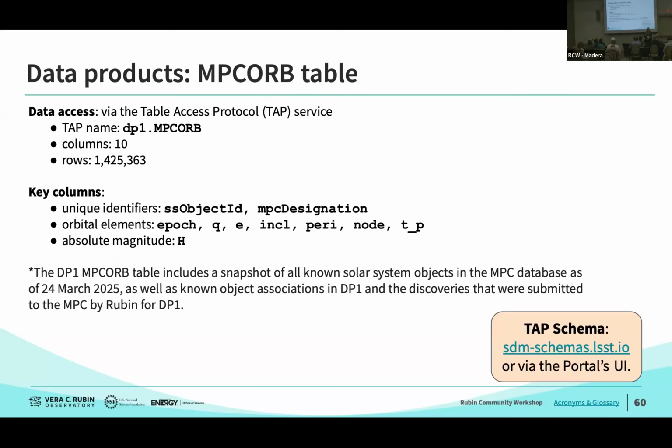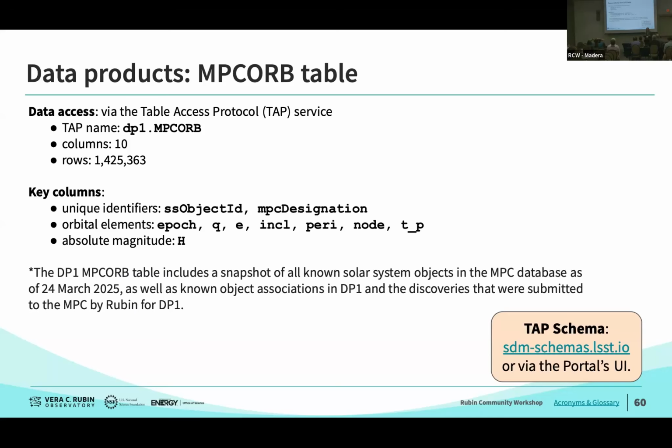And then we have the MPC orb table as well. This comes from the Minor Planet Center. We download it on a daily basis and it gets looped into the pipeline. It has the orbital parameters for all of the known solar system objects, even beyond what Rubin has found. For DP1, the MPC orb table has just over 1.4 million rows.